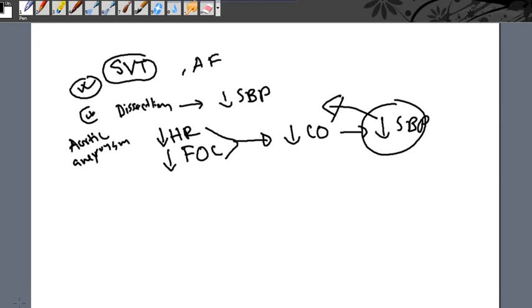Now we'll see some important side effects of beta blocker. One of the important side effects of beta blocker is that it will lead to bradycardia. It will sometimes lead to excessive reduction in heart rate. Why? Because beta blocker blocks beta 1 receptor in the SA node.